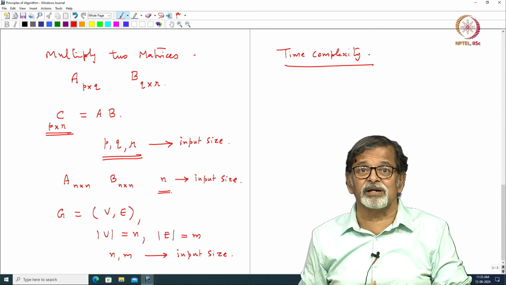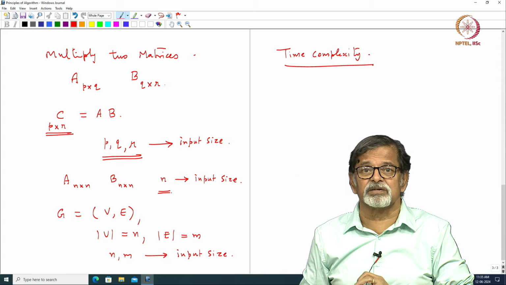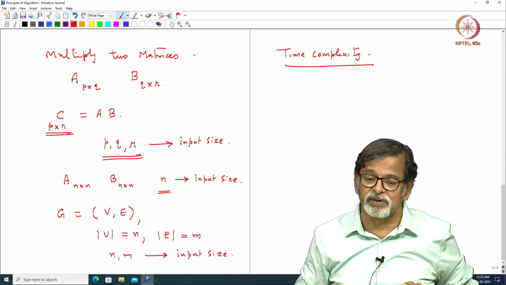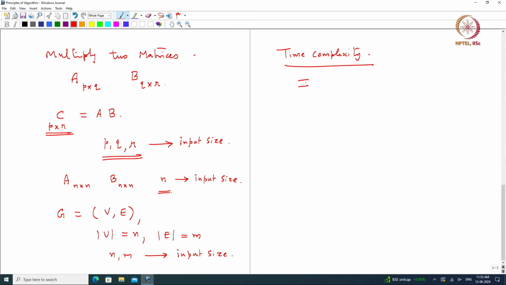That is the reason why the first principle here for time complexity is instruction count, or operation count.